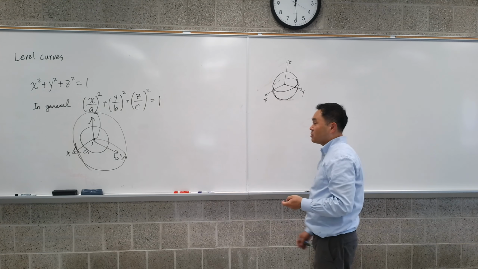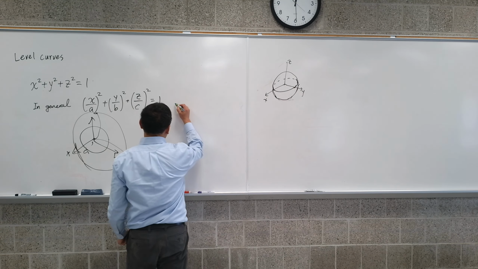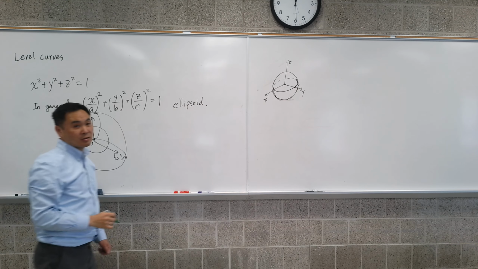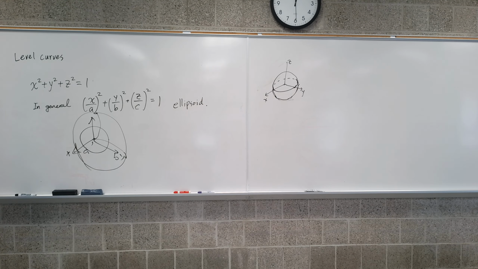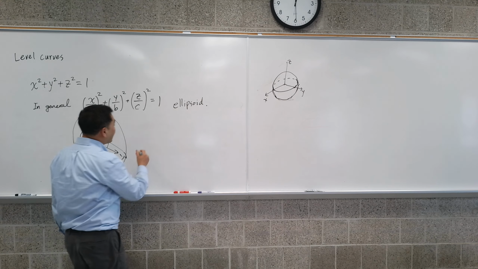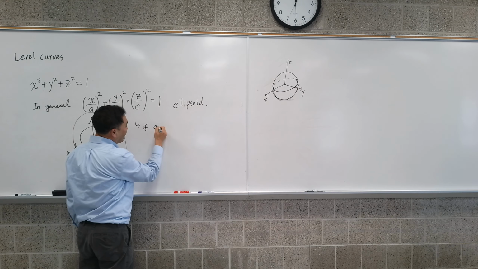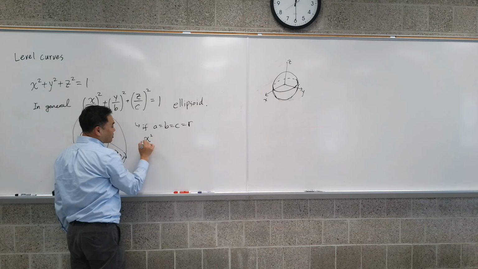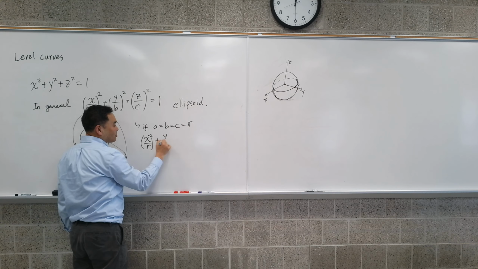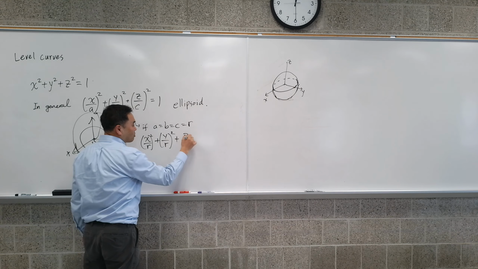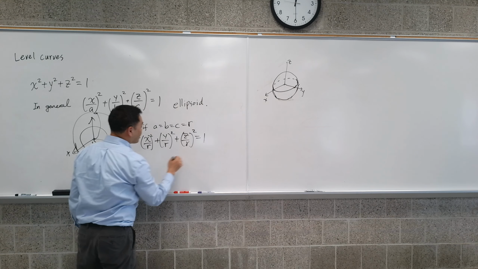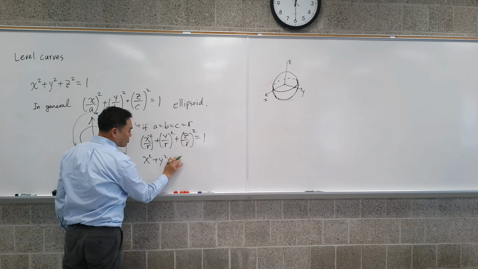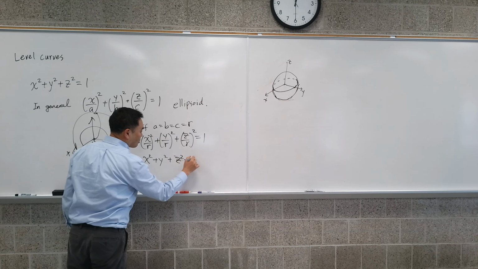So that gives you something called an ellipsoid. This is an ellipsoid, and as a special case, if a equals b equals c equals r, that's x over r squared plus y over r squared plus z over r squared equals 1, and then you can multiply by r squared, so you get x squared plus y squared plus z squared equals r squared.